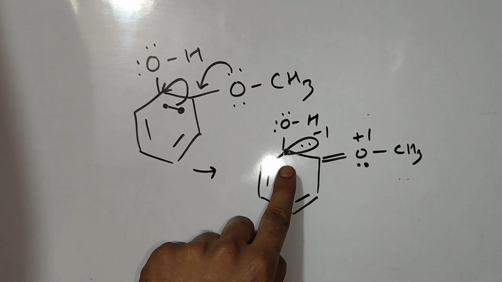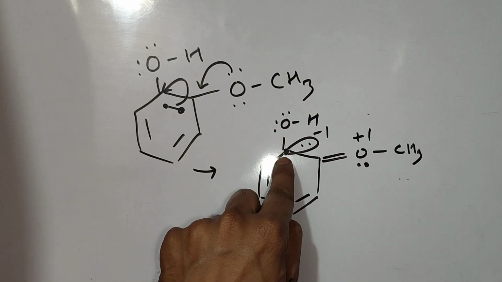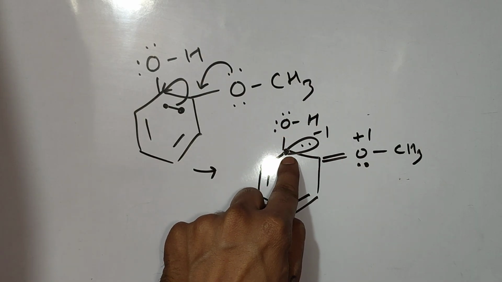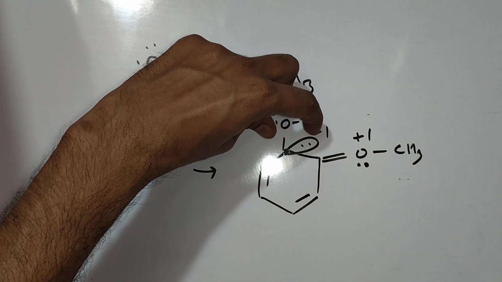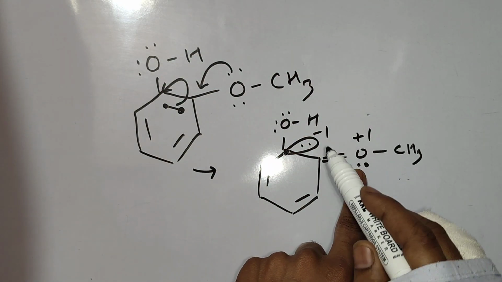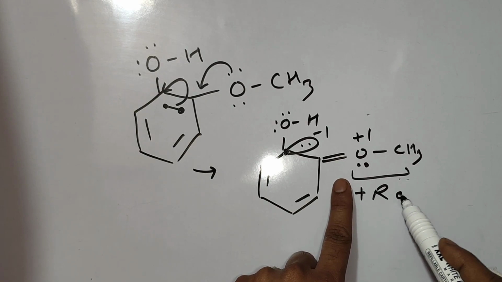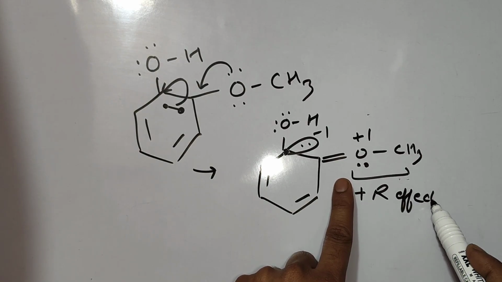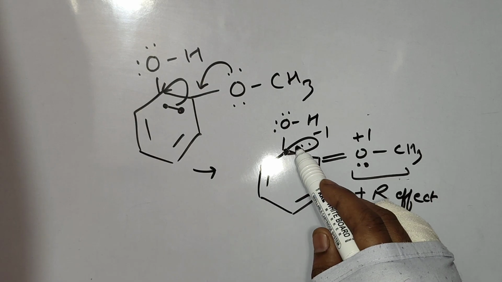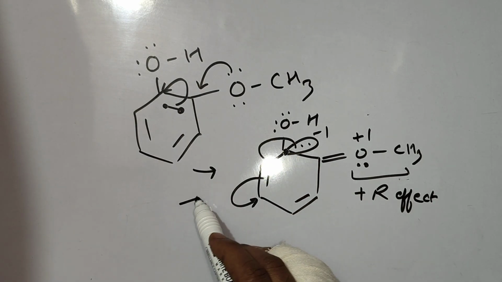Now you can check electrons are coming on this carbon to which OH is attached. Obviously these electrons will affect this OH group. Now in this condition, when OCH3 is donating electrons due to resonance, we will say it is showing plus R effect. Now further movement will be this, like this.